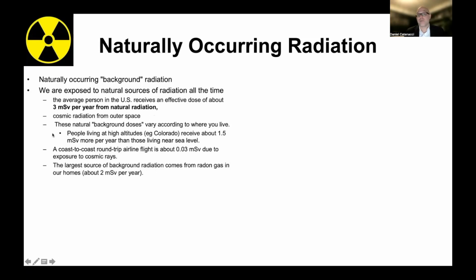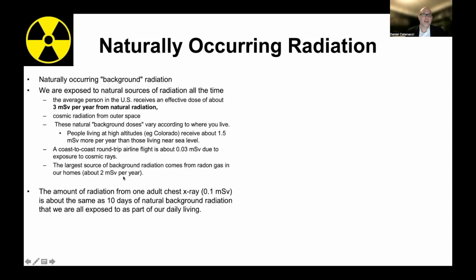And people who live at higher altitudes have less filtering through clouds and atmosphere, and so we'll have a little bit more than those living at sea level. And in addition, if you're in a plane and a higher altitude, you may have a minimally higher exposure to these cosmic rays. But ultimately, the largest source of background radiation that we are exposed to comes from radon gas in our homes, about 2 millisieverts a year.